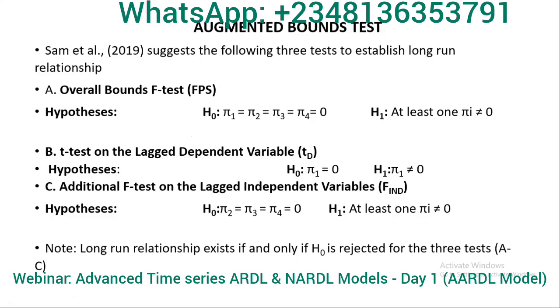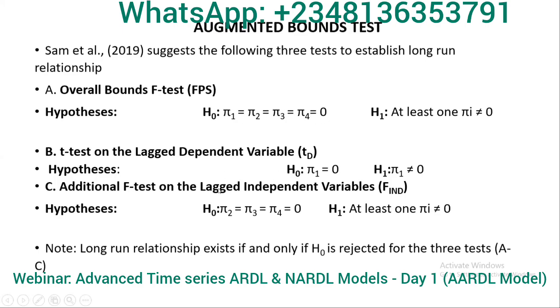Okay, what is augmented is the test, not actually the model. So for this additional test on the lag independent variables, like I said, we have pi 2, pi 3. You can see after testing all these coefficients, the 4 coefficients we have here.